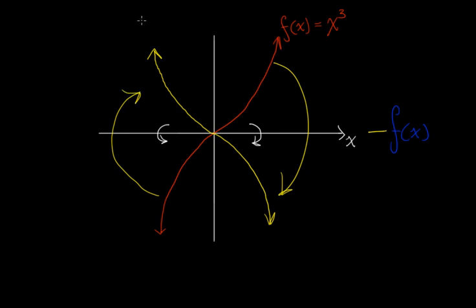So interestingly, we have the graph of x cubed here. Its reflection about the x-axis looks the same as its reflection about the y-axis. So I probably should have done a different function, but I'll do a different function after I do this one.